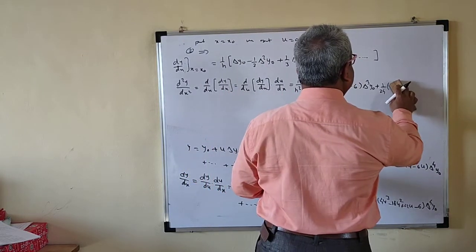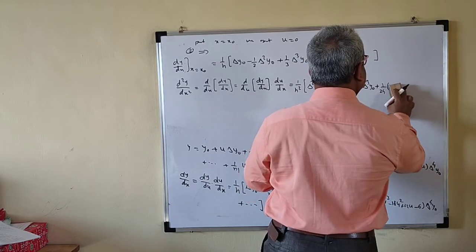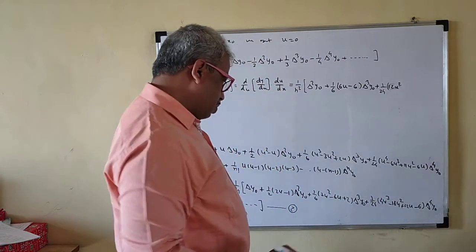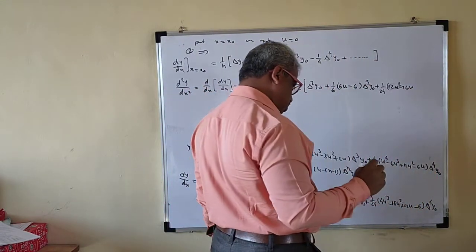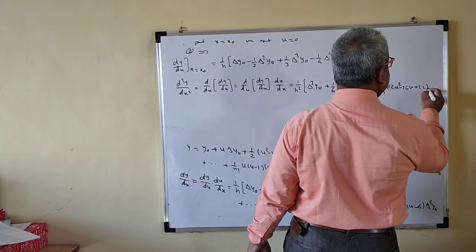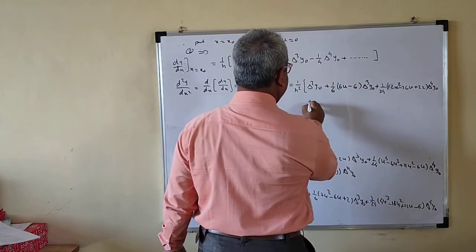So 12u square minus 36u plus 22, del 4 y naught plus dot dot dot.